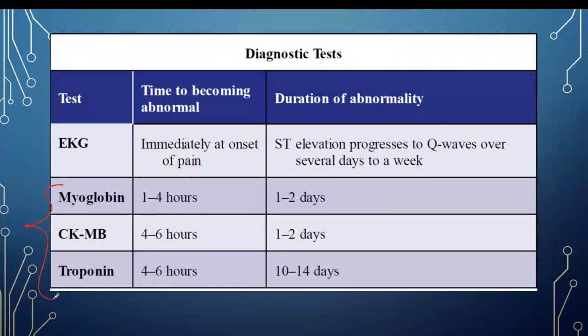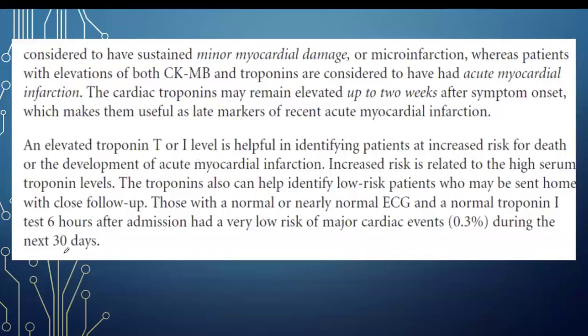These are the three common cardiac enzymes. But nowadays we don't do myoglobin or CKMB very much. We'll be doing troponin. Troponin is our next best investigation if we don't get any ST elevation in the ECG.